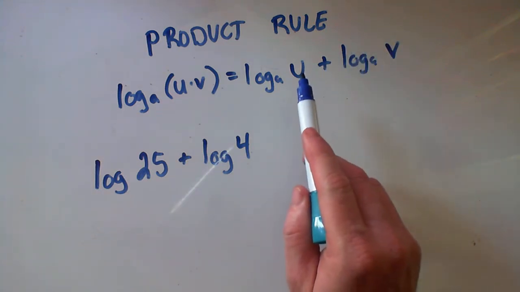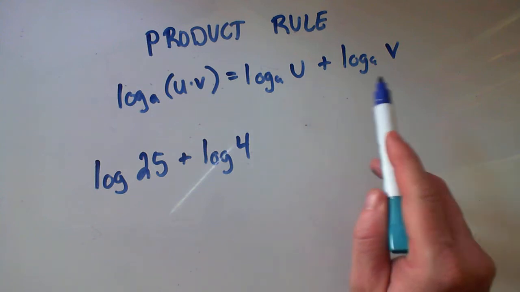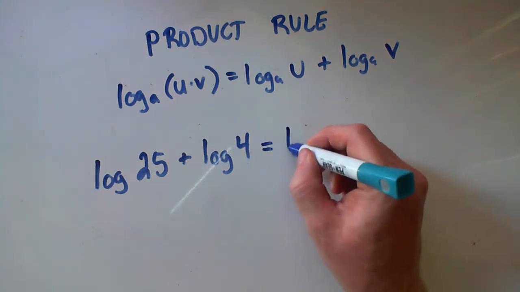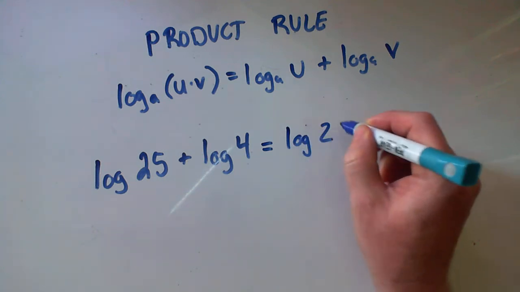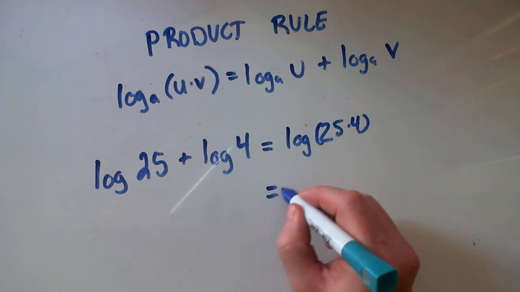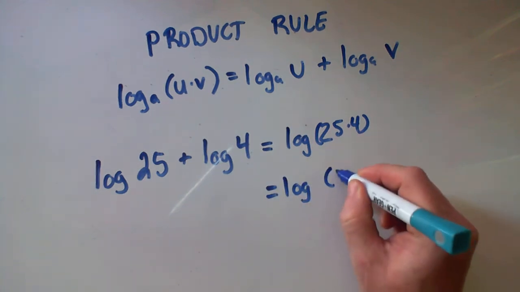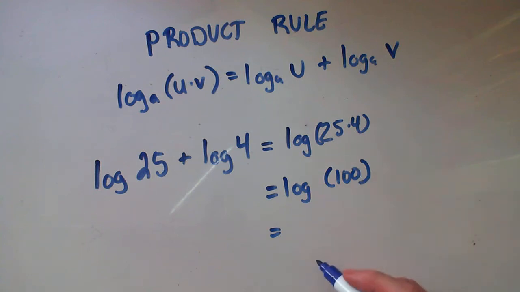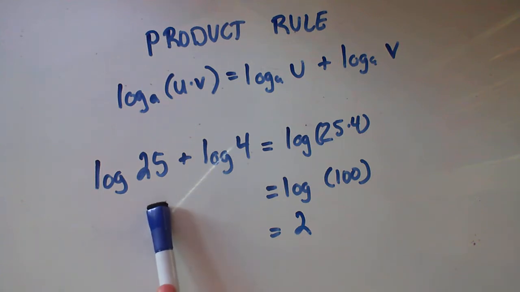This rule says that if I have log of 25 plus log of 4, I can turn that into log of 25 times 4, which would then be log of 100. And then 10 to what power gives us 100? 10 to the second power gives us 100. So log of 25 plus log of 4 equals 2.